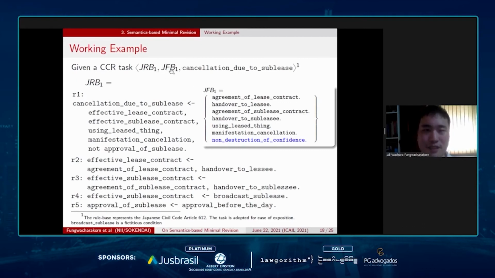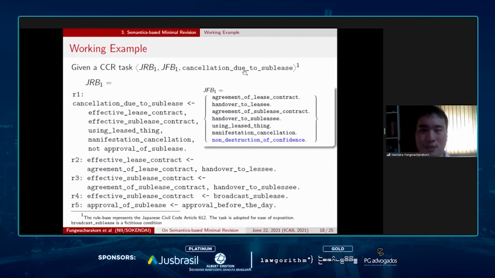And we have the exceptional case that has these 6 facts, which literally make the cancellation due to sublease valid. But the judge indicates the facts about non-destruction of confidence as an extra fact, and did not intend the cancellation due to sublease to be valid in this case.